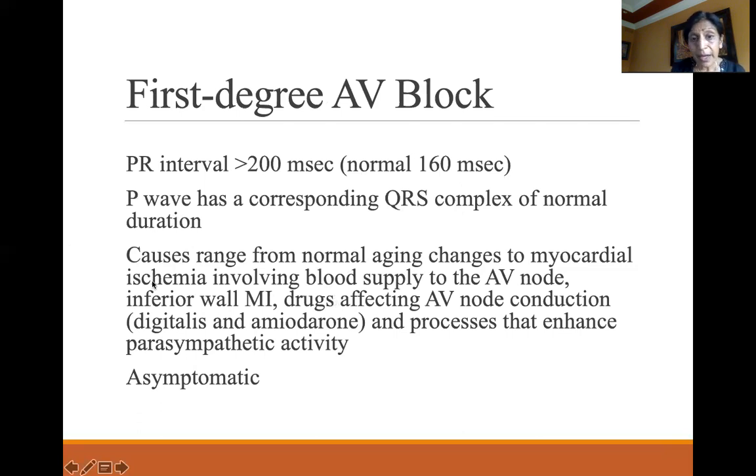What could be the cause? Range from normal aging change to myocardial ischemia involving blood supply to the AV node, inferior wall MI, drugs affecting AV node conduction, digitalis and amiodarone. Those are the drugs that could be causing this delay or slowing down of conduction, basically.